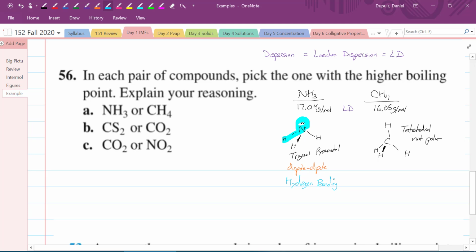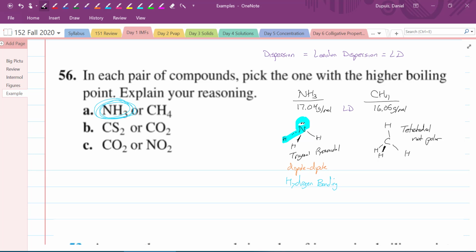So NH3 has stronger or more intermolecular forces than methane does. So ammonia looks like it should have a higher boiling point and melting point because it has more intermolecular forces than methane. Alright, so that's how I'm going to compare them.